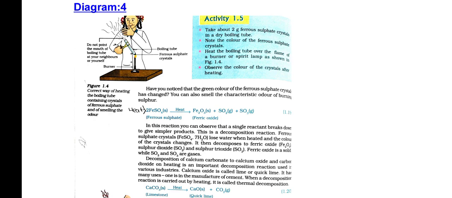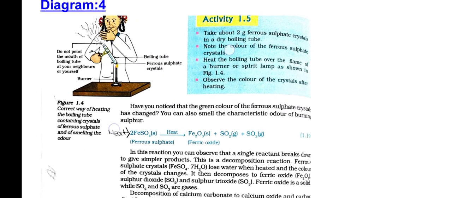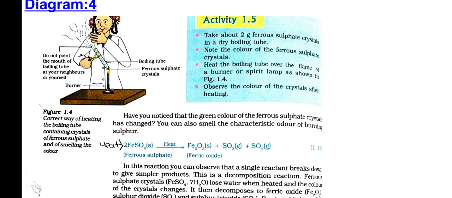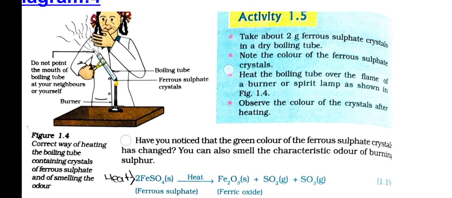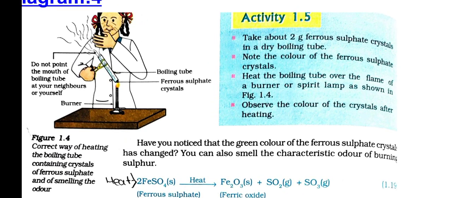Now let us see diagram number 4. In this diagram, ferrous sulfate is heated in a test tube and the smell of the gas which is released is taken by the experimenter.